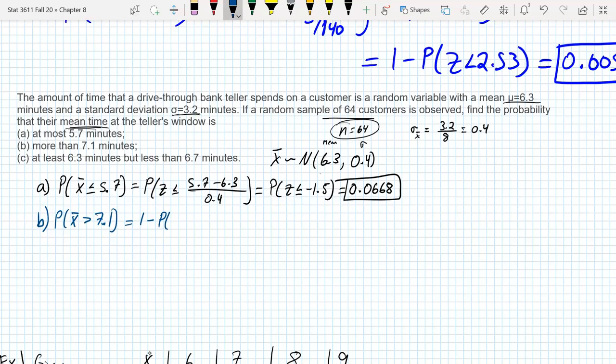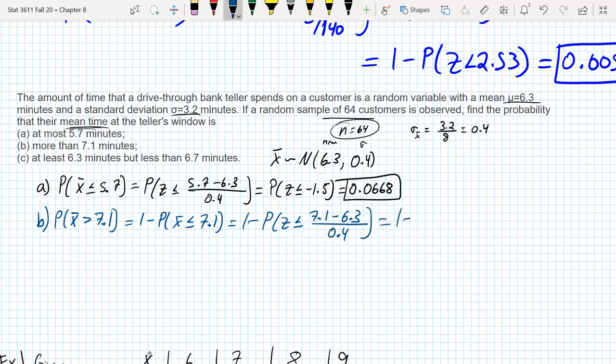So we're going to do 1 minus the probability that X bar is less than or equal to 7.1. And so now we're going to convert this to another standard normal question. So 1 minus the probability that z is less than or equal to 7.1 minus the mean, which is 6.3, divided by the standard deviation, which is 0.4.